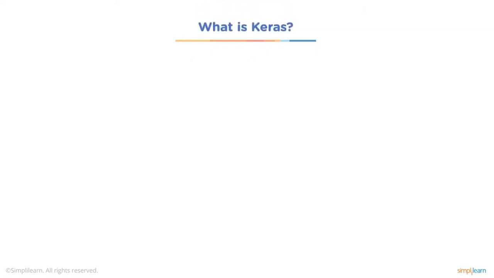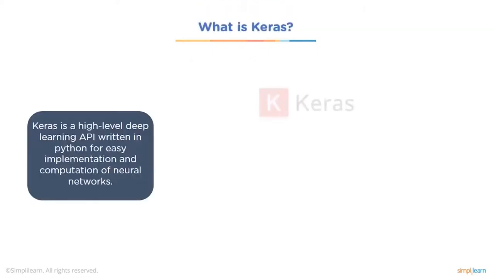Next, let's look at the API Keras. What exactly is Keras? Keras is a high-level deep learning API written in Python for easy implementation and computation of neural networks. Keras is an open source software library that provides a TensorFlow interface for artificial neural networks.